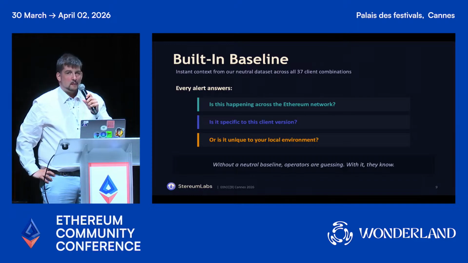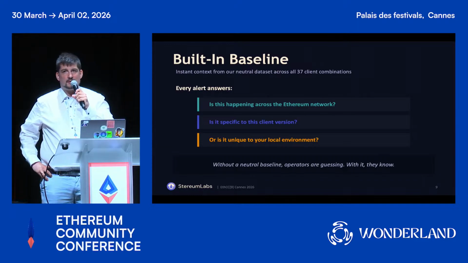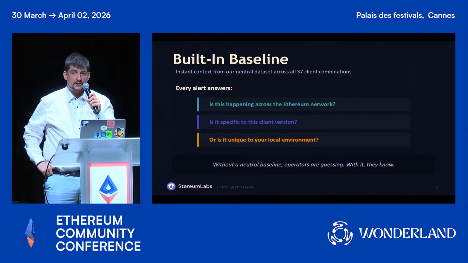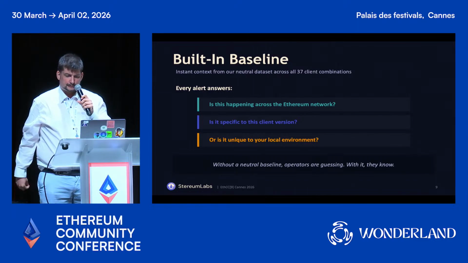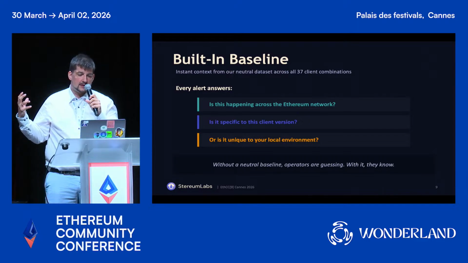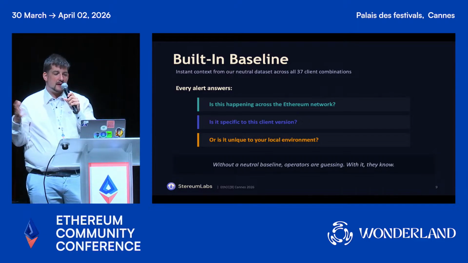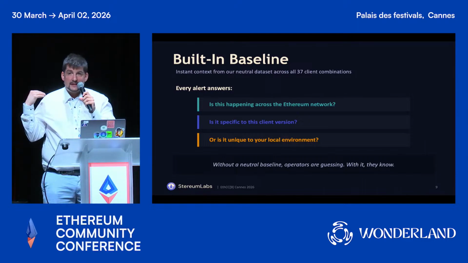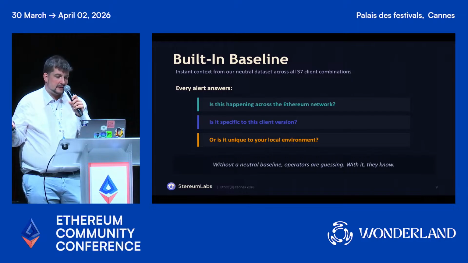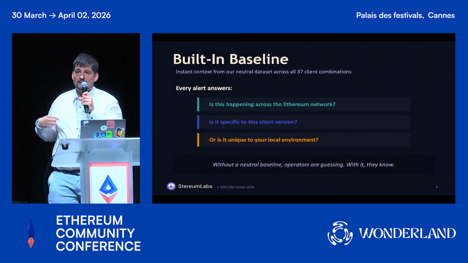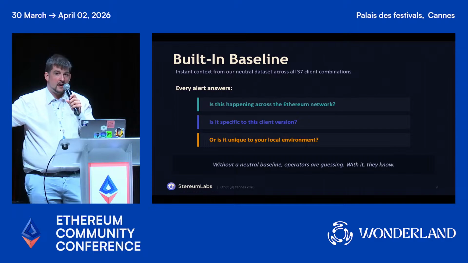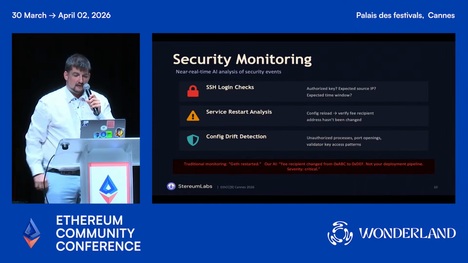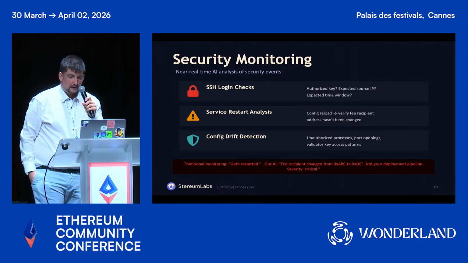What is also very useful is, as we run all 37 combinations, it gives you this baseline. So with every question you're asking, you can answer: is it happening to the whole Ethereum network? Is it just happening to this specific client version, or is it just in my local environment? And this could also be very helpful for security.